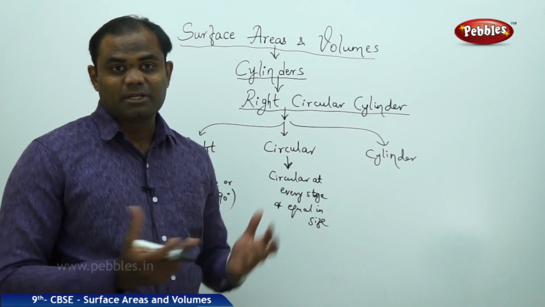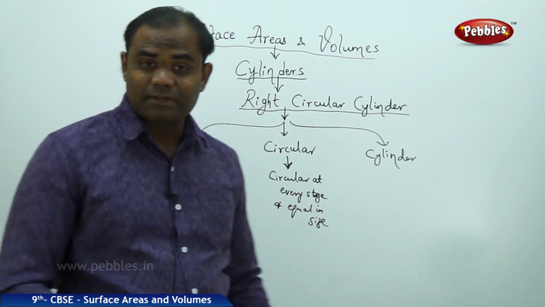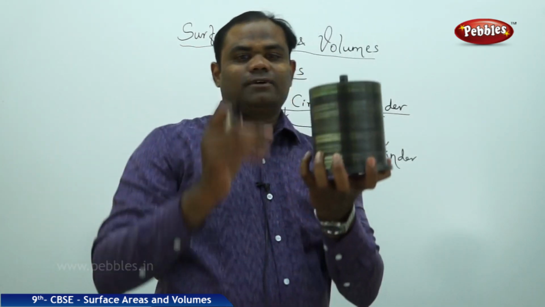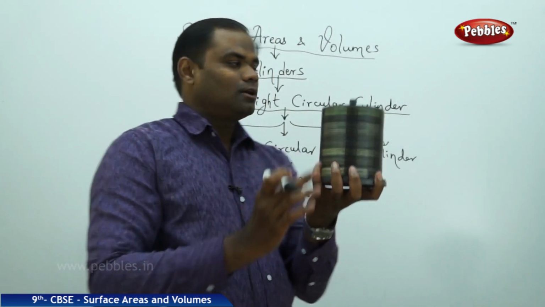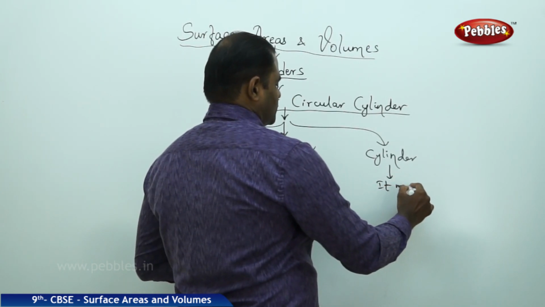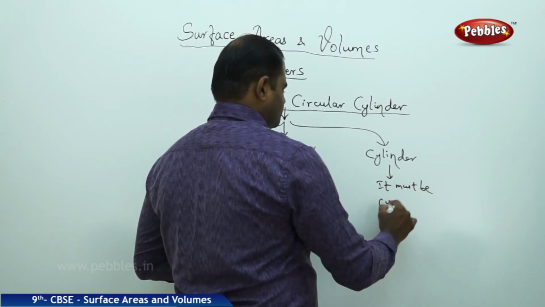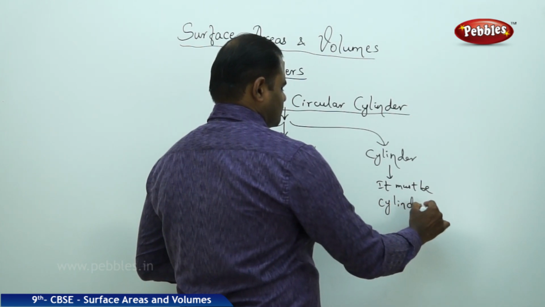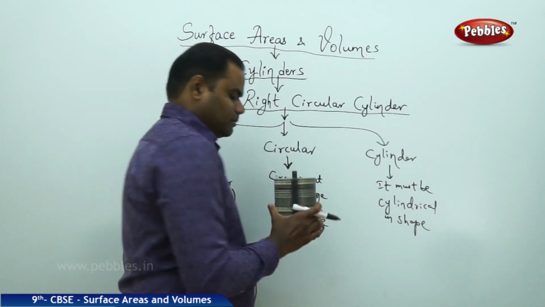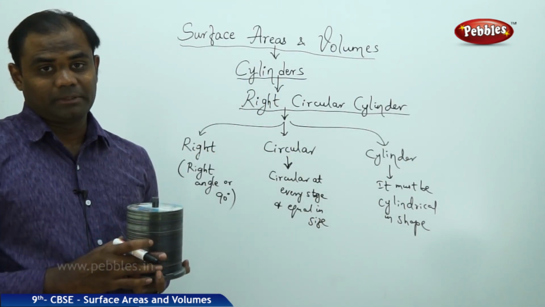And of course, it must be the shape of a cylinder, as we have seen in the previous model. So this is how it looks. It must be cylindrical in shape, as we see here.